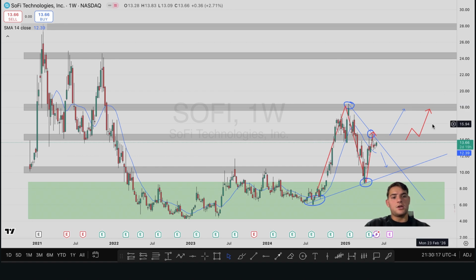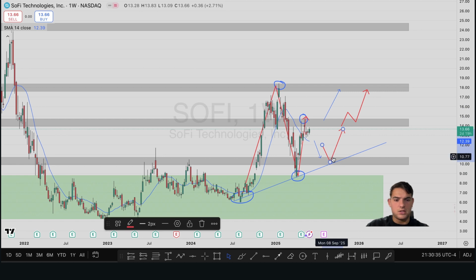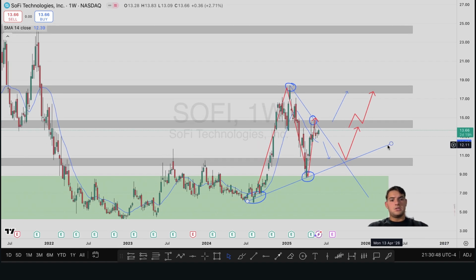Another thing I was paying attention to is that even if we pull back to this area, it's a great opportunity, and we're just going to follow this trend line and come back to this area over here. If we delete this and just follow the trend line, this is going to replicate what has happened here and right here. Do you guys see it? All right, let me bring this back. These are 2 options.